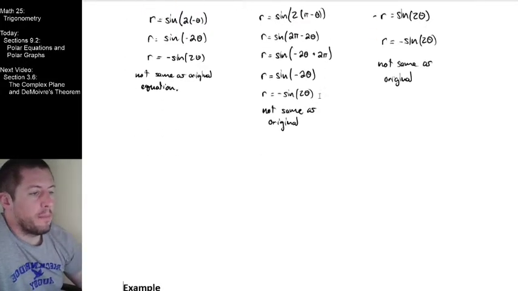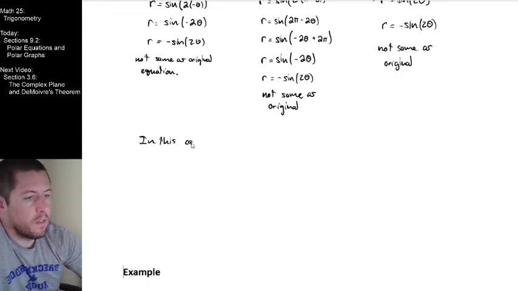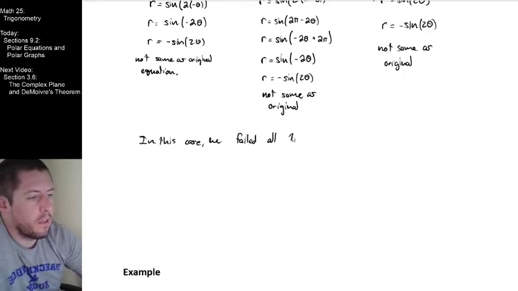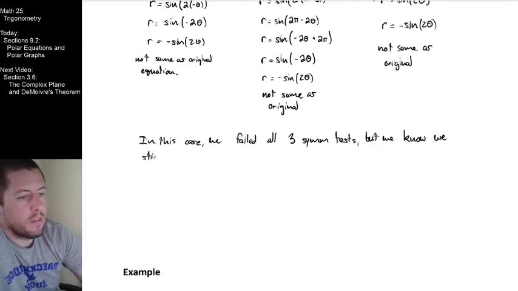So what I'm going to say here is, in this case, we failed all three symmetry tests. But we know we still might have those symmetries.